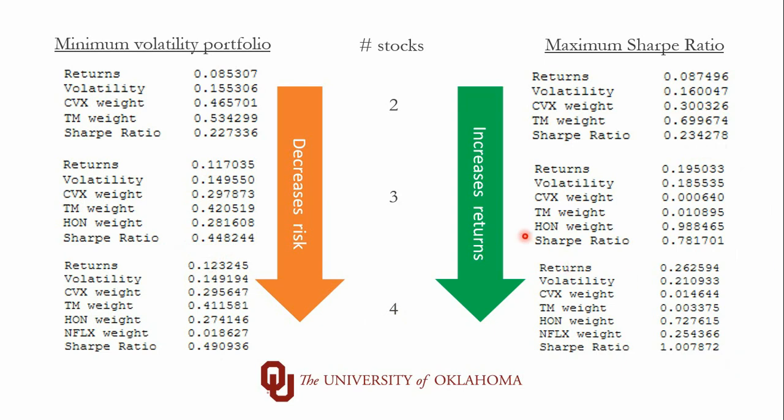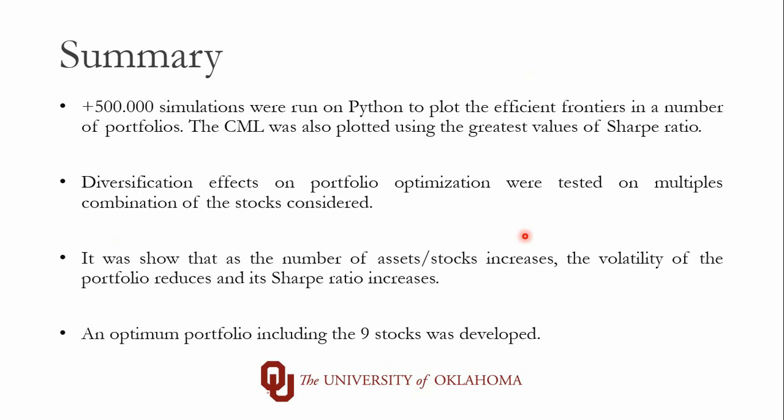The results are pretty straightforward. In summary, a lot of simulations were run in Python to plot efficient frontiers and find better combinations of weights for the stocks in the portfolios. The stocks also first had a statistical analysis, with some univariate statistics and a few bivariate statistics.